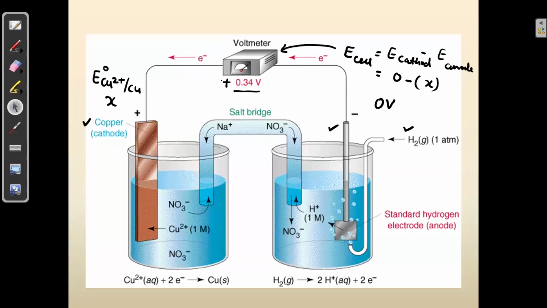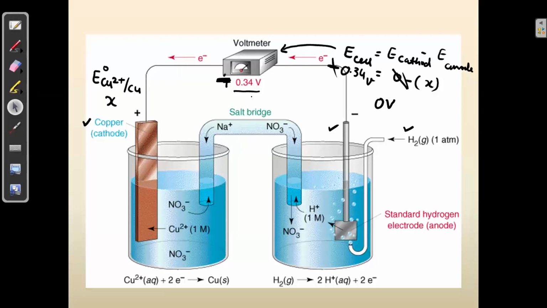Now, what value am I getting? I am getting 0.34 volt. If I reverse this, this value would show me a negative value. So if I do it like this, the minus minus will get cancelled, or a higher potential minus lower potential, then the value will become positive.